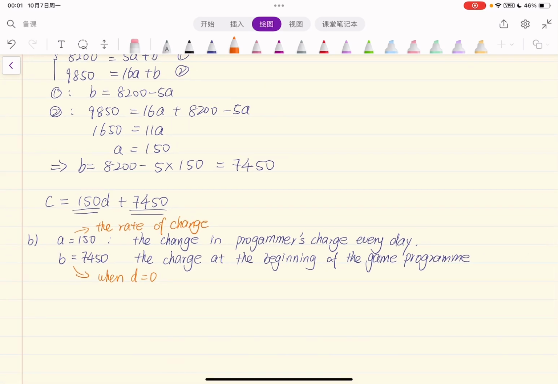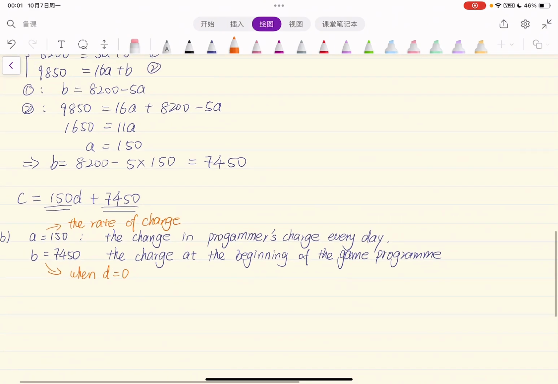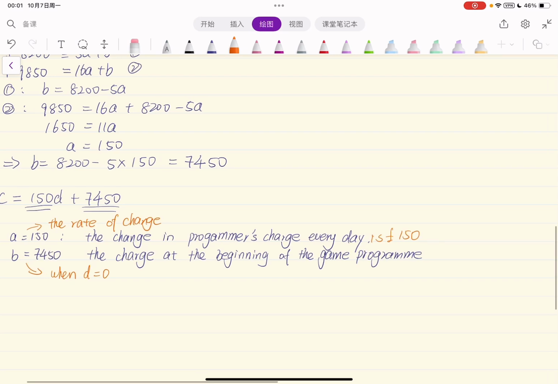So that is the answer. To be more clear, you need to write that the change in the programmer's charge every day is 150 pounds, and the charge at the beginning of the game program is 7,450 pounds.